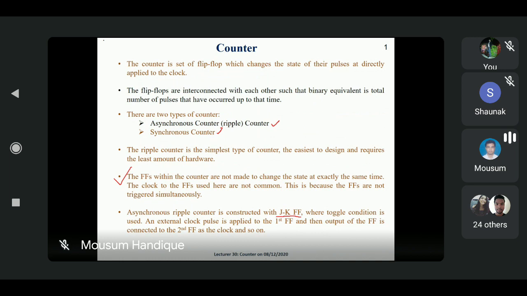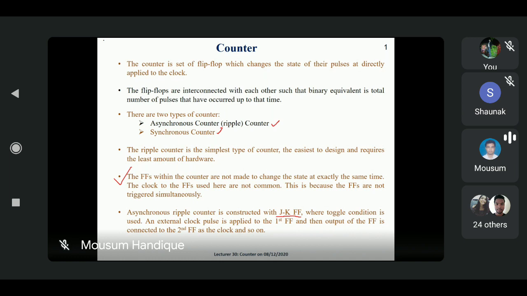So always remember, when we are using the asynchronous counter, what happens? The flip-flops within the counter do not change state exactly at the same time.